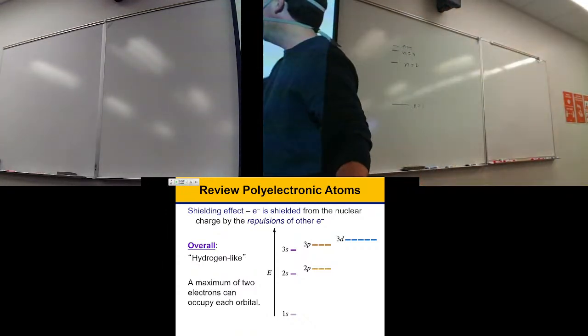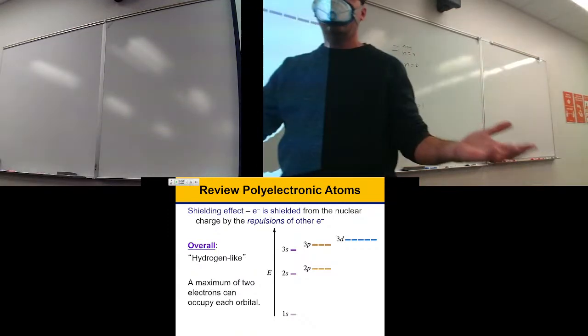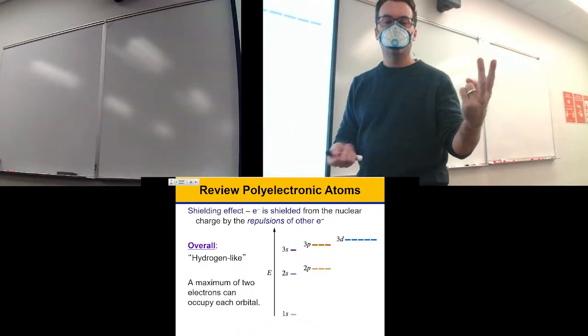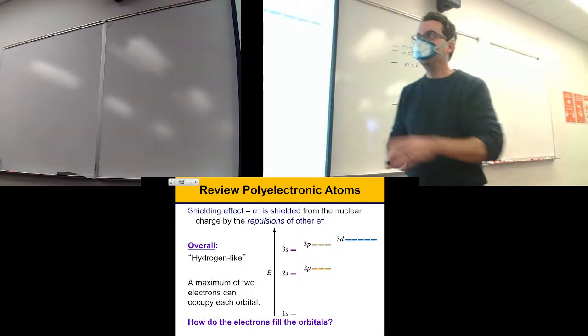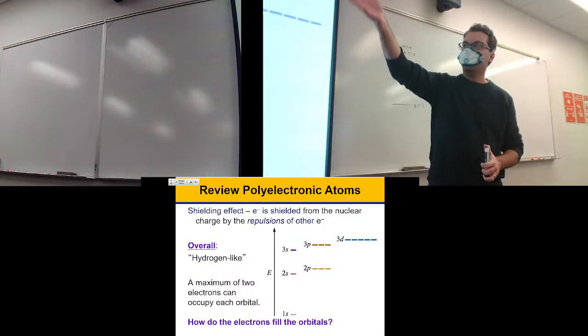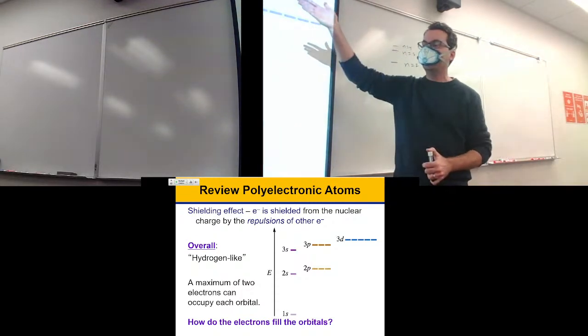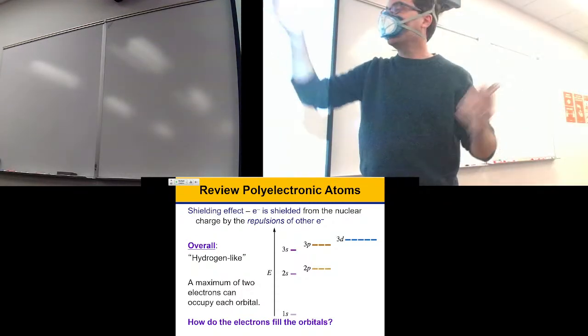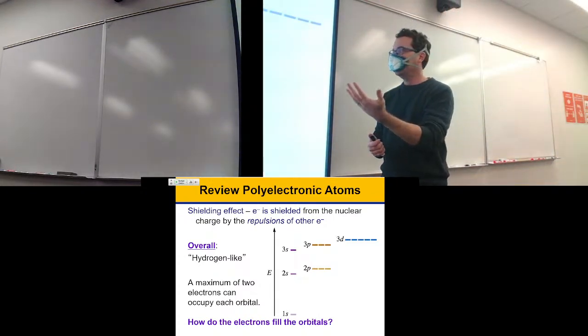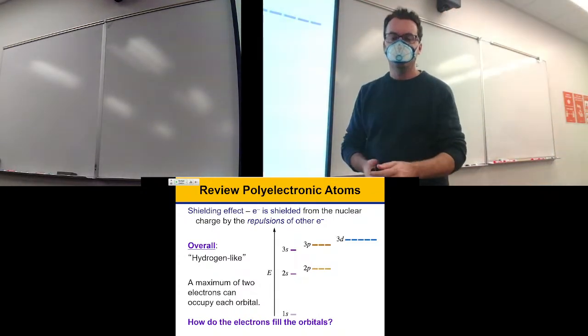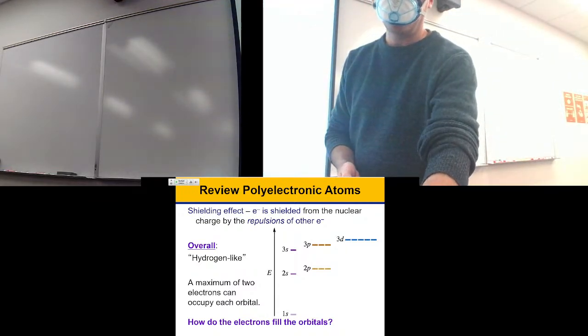Well, if there are 3 orbitals, 6 electrons, that's 2 electrons each. And it works the same way for the D orbital. With our subshell model, we counted 10 max electrons in the D subshell. If there are 5 d orbitals per subshell, that's 2 electrons each again. So every orbital holds 2 electrons.